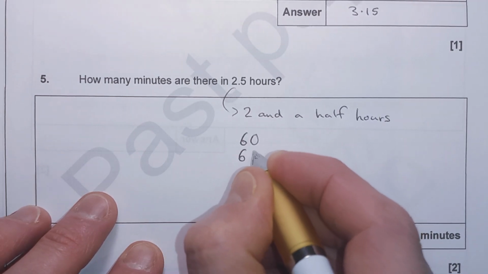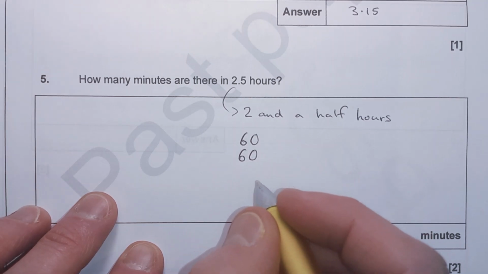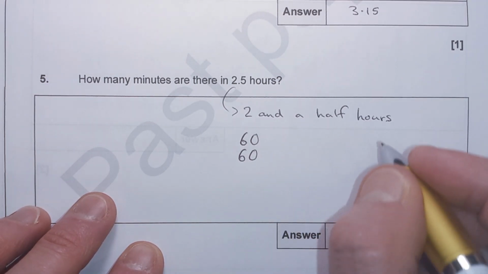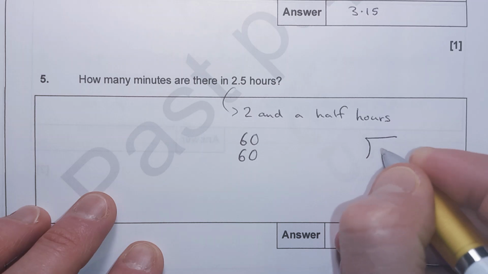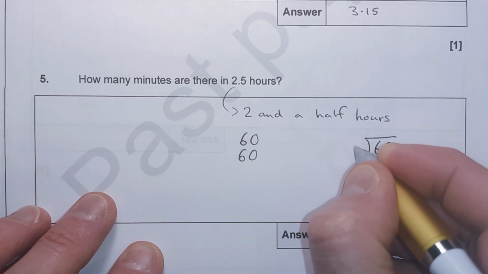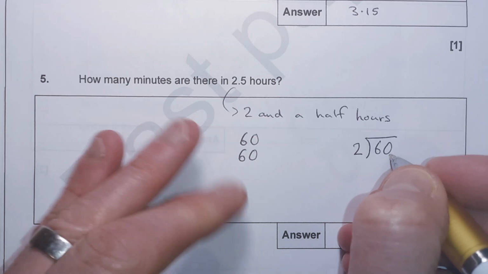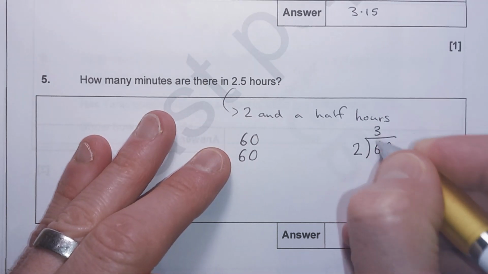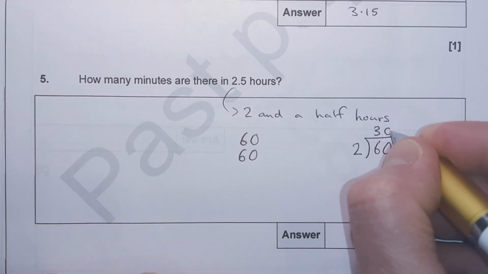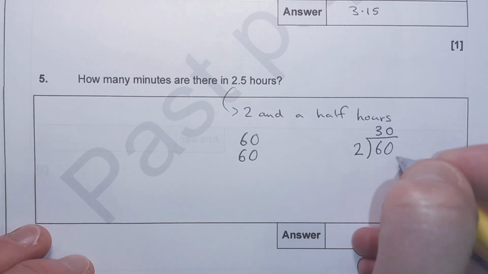In the second hour we'd have another 60 minutes. Then we want half an hour, so we want half of 60. Well, what's half of 60? 60 divided by 2. Well, 2 goes into 6, 2, 4, 6, 3 times, and 2 goes into 0, 0 times. So we've got 30 minutes in half an hour.